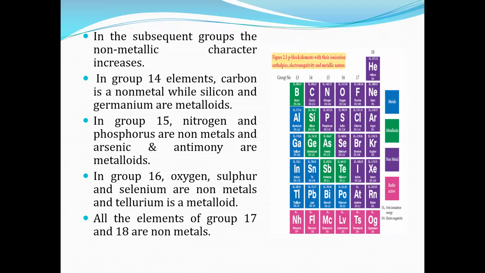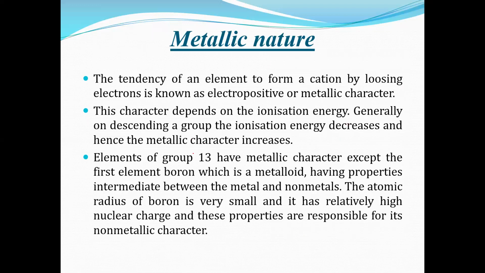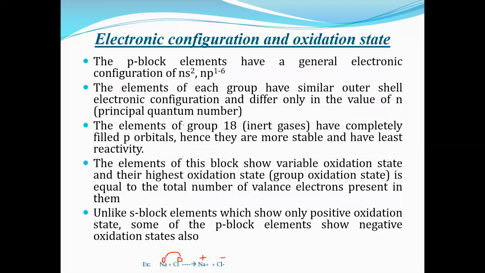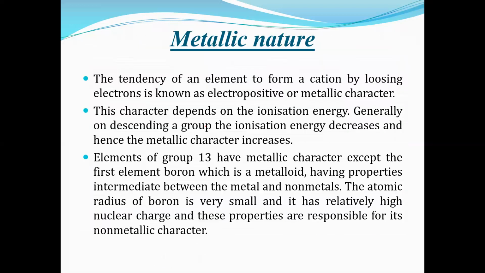In group 13, the elements have metallic character except the first element, boron. Boron is a metalloid, and the remaining aluminum, gallium, indium and thallium are metals.